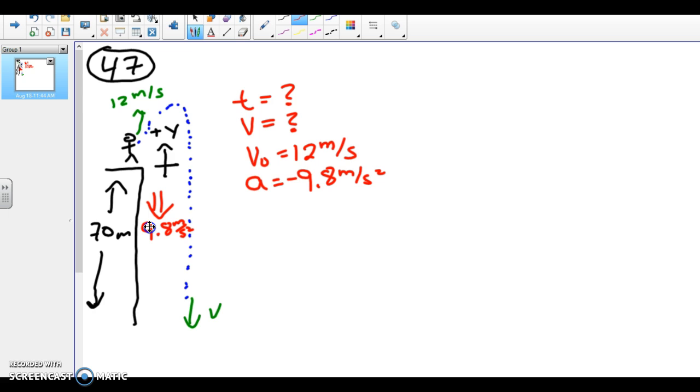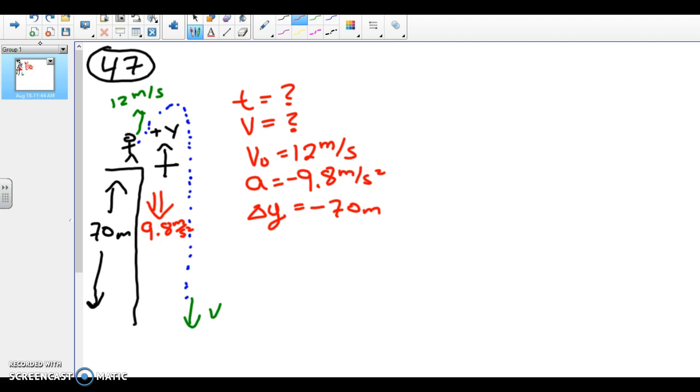Okay, what else do we know? Over the whole time, my delta y is going to be negative 70 meters. Why is it negative? Well, I end up below where I started.